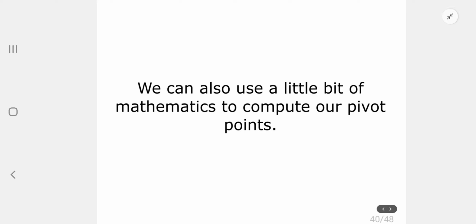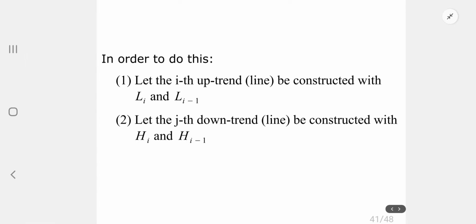We can also use a little bit of mathematics to compute our pivot points. In order to do this, let the ith uptrend line be constructed with Li and Li minus 1, and let the jth downtrend line be constructed with Hj and Hj minus 1.